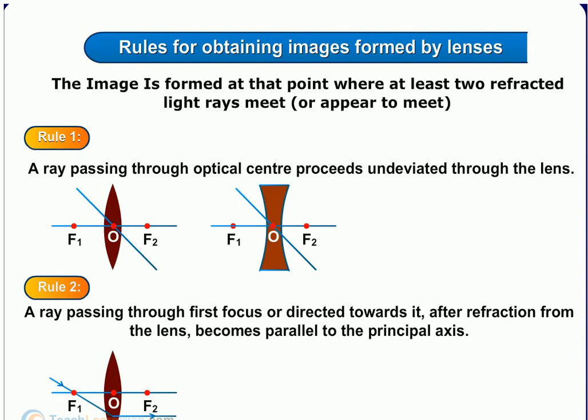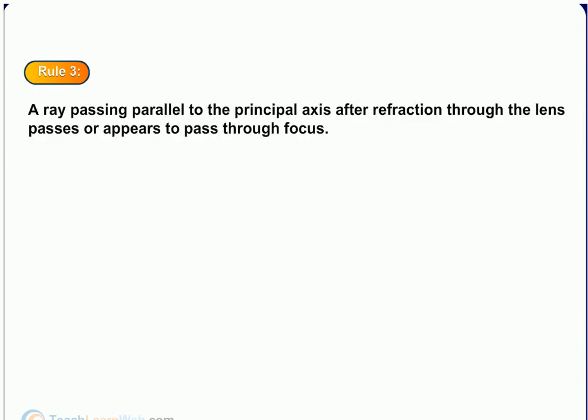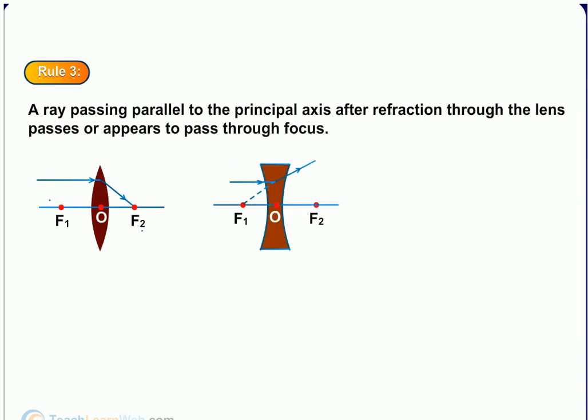A ray passing through first focus or directed towards it, after refraction from the lens, becomes parallel to the principal axis. Rule 3. A ray passing parallel to the principal axis, after refraction through the lens, passes or appears to pass through focus.